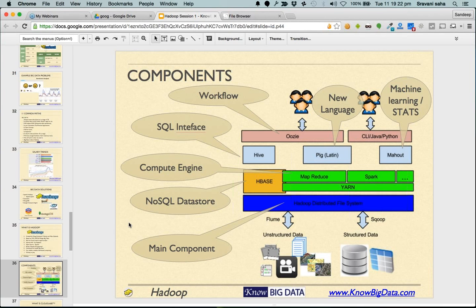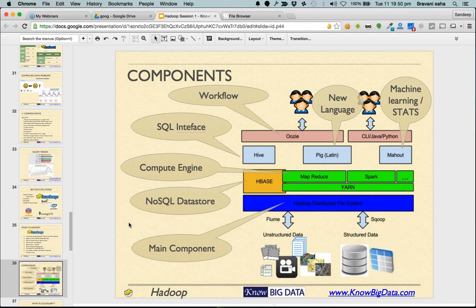Now, for pushing the data into HDFS, you would require some tools. If you have unstructured data, you use Flume. If you are trying to push structured data in huge numbers, then Sqoop will be your solution.